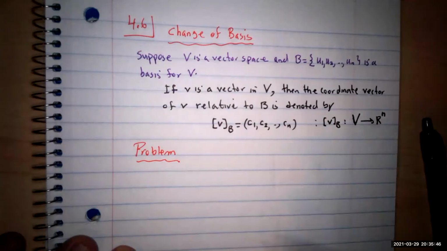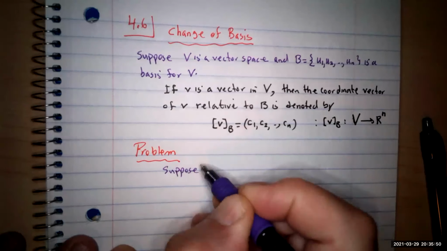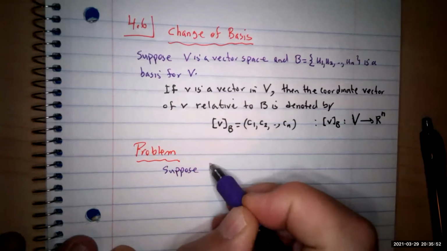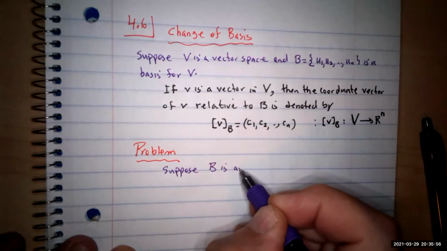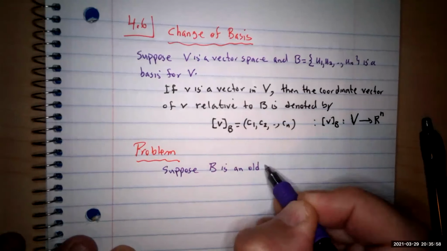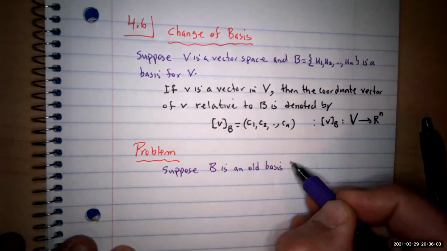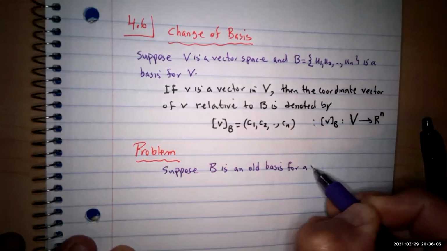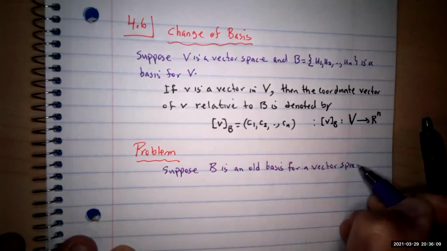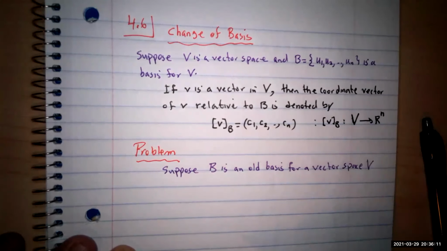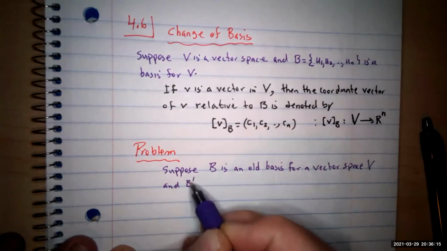Suppose B is an old basis, a given one, an old basis for a vector space, and B prime is a new one, the second one.